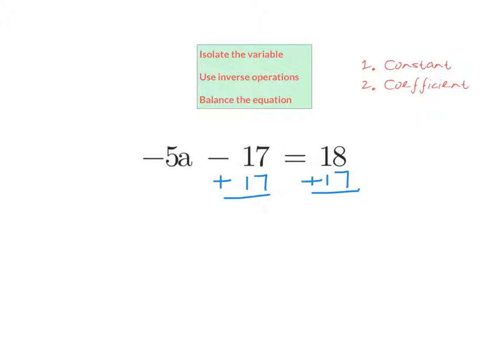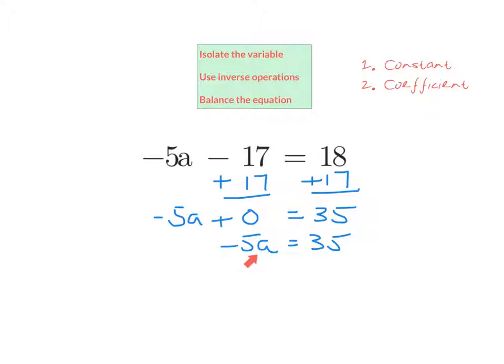And I'm going to simplify it. Nothing happened to the negative 5a, but a negative 17 plus a positive 17 is 0, and 18 plus 17 is 35. I'm going to rewrite my equation to simplify it. I have negative 5a equal 35. The next step I'm going to take care of is the negative 5a.